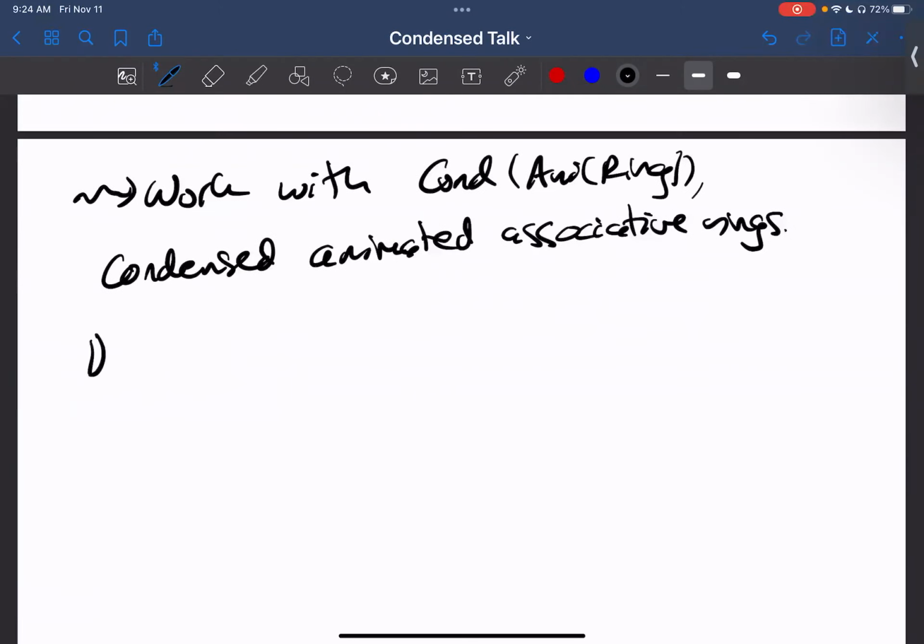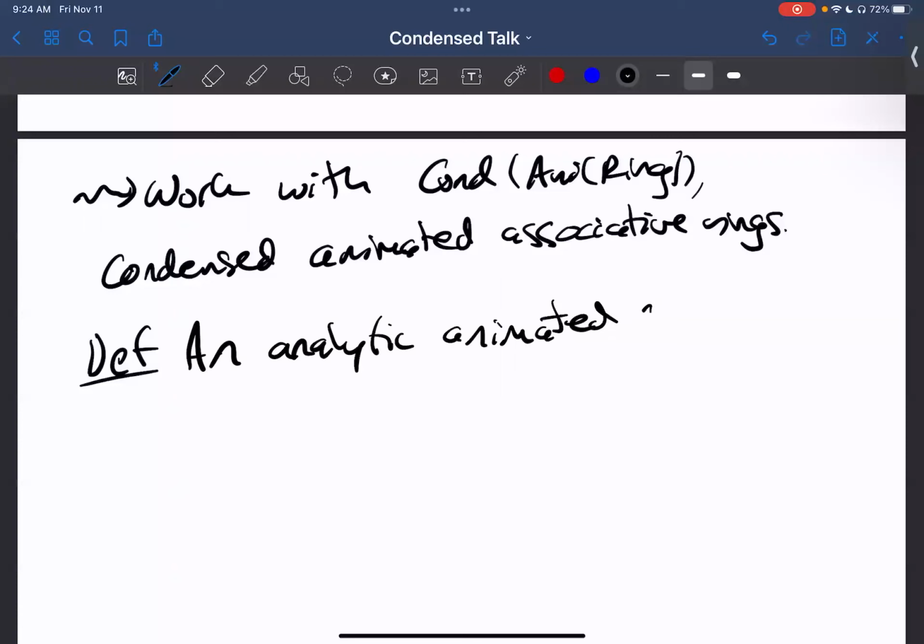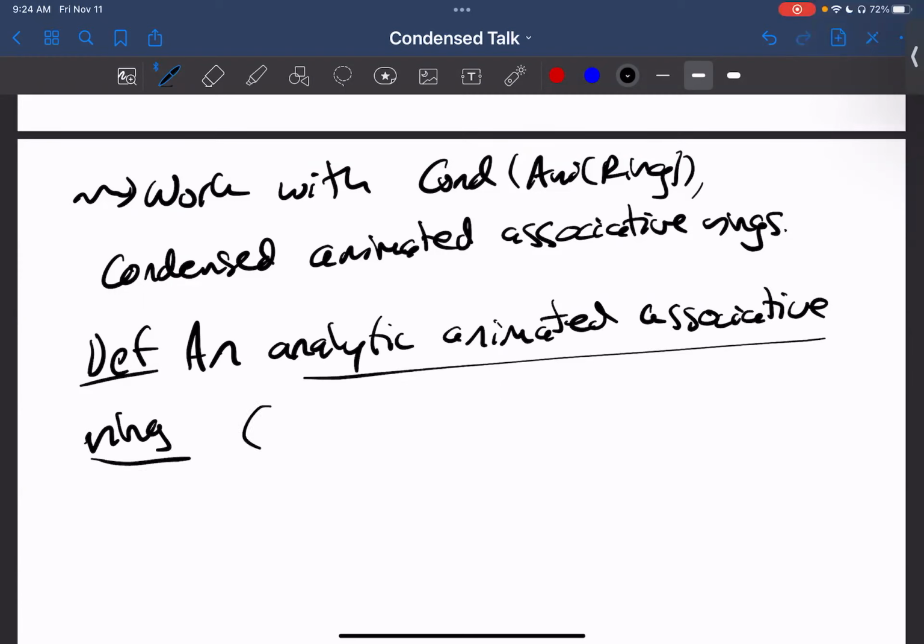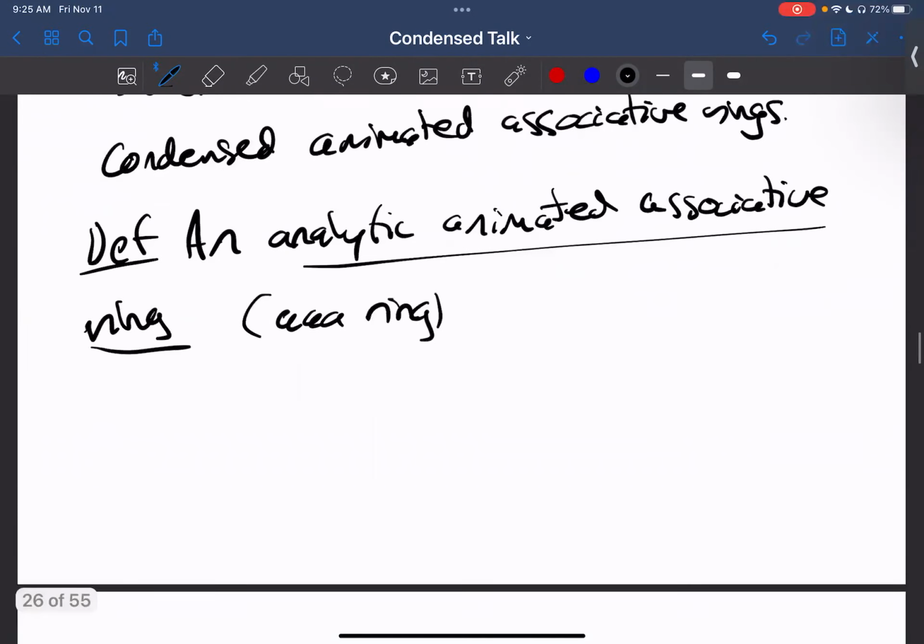So we're going to make a new definition from earlier. Well, this is a new definition, but it's very similar to one from earlier. An analytic, animated, associative, so many words, ring. I'm going to abbreviate these as AAA rings, just because I don't want to write out analytic, animated, associative every single time.